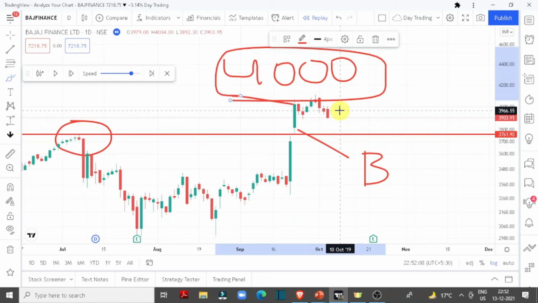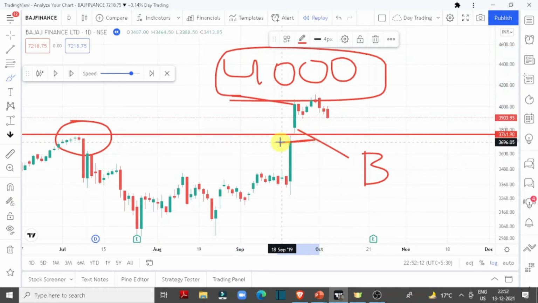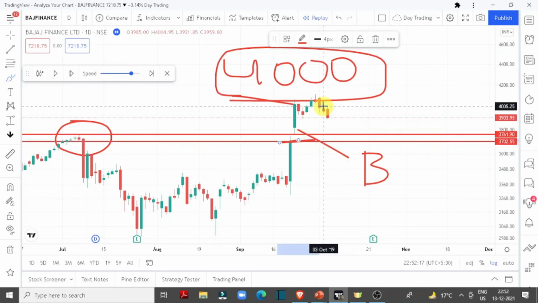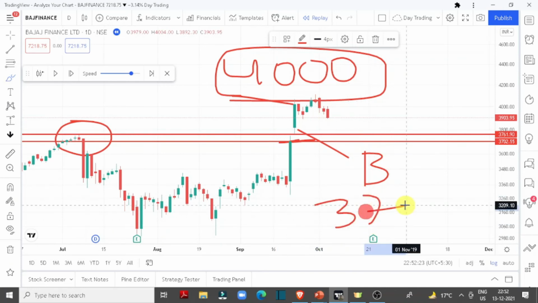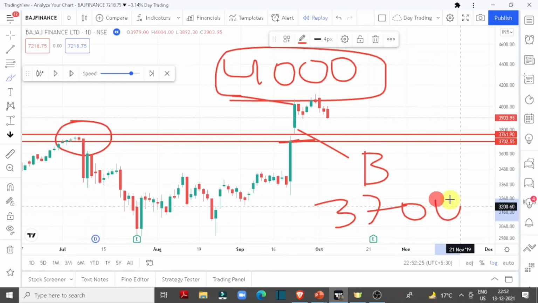But as per technical analysis, as per the system, your stop loss would have been somewhere over there, and this level is the 3,700 rupees level. So as per the system, you should have taken a stop loss of 300 rupees, because your stop loss was at 3,700 rupees.